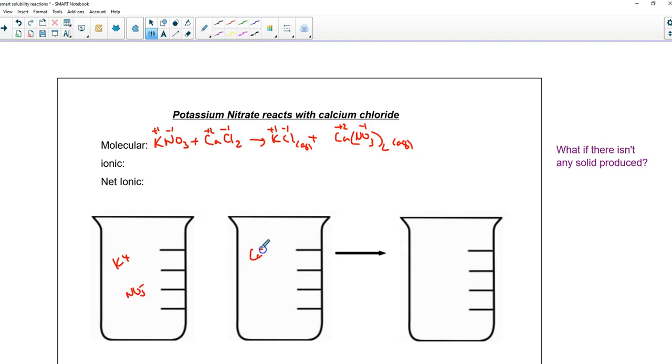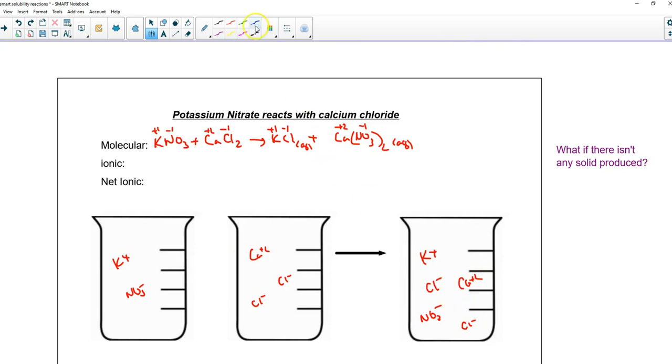I have calcium plus 2, Cl minus, Cl minus. I dump them together.